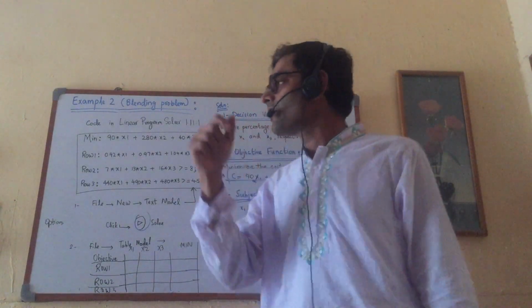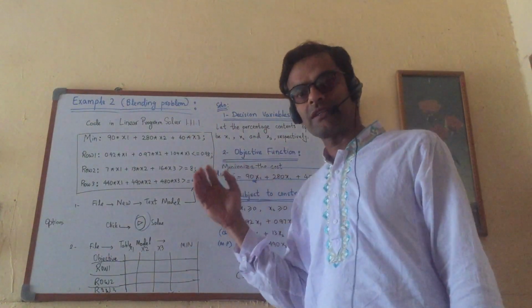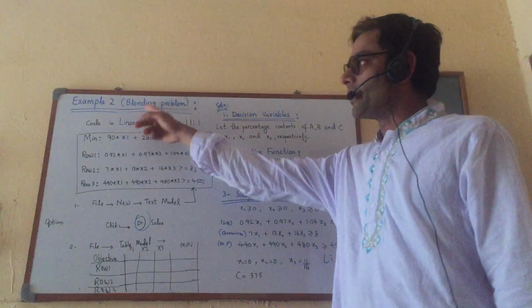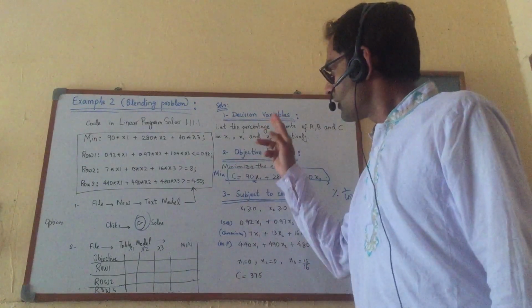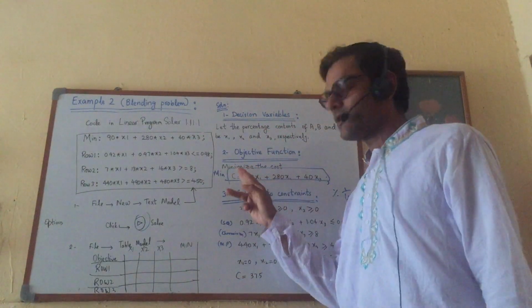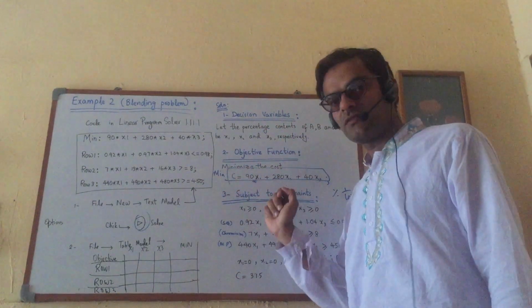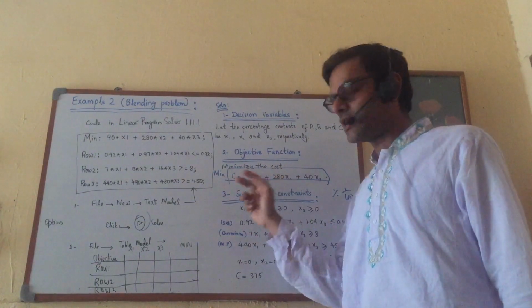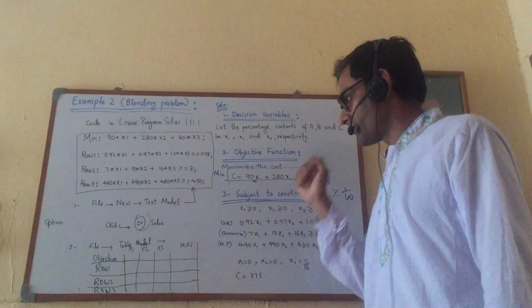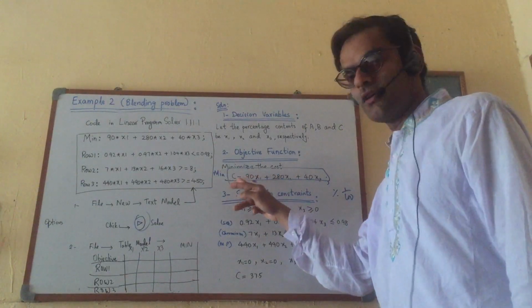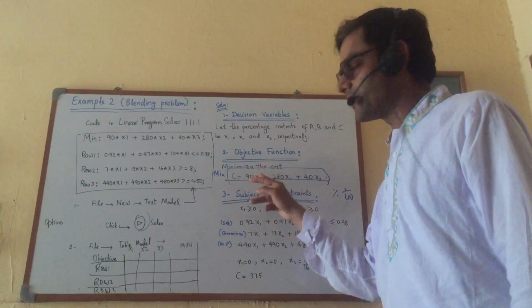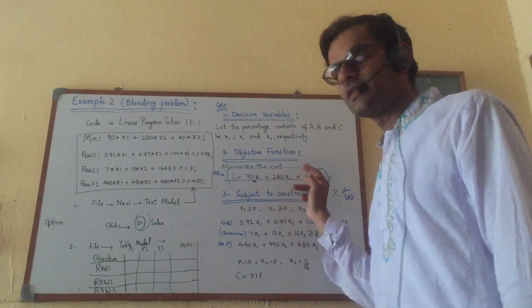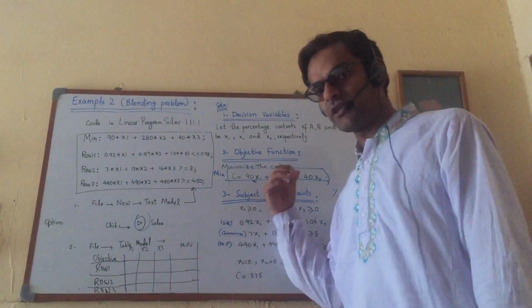Now I'm going to discuss the previous question, which was the blending problem. We had one optimization function, minimizing our cost function: C equals 90 times x1 plus 280 times x2 plus 480 times x3.